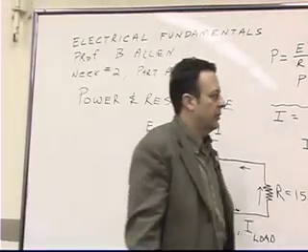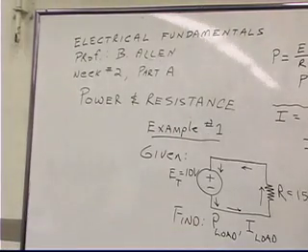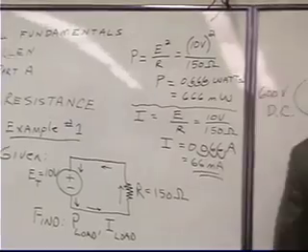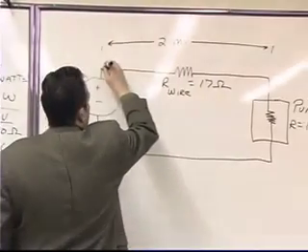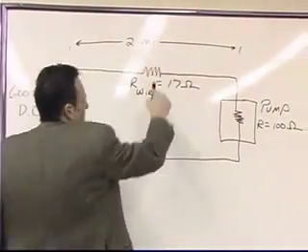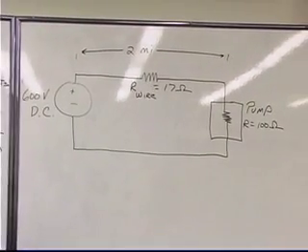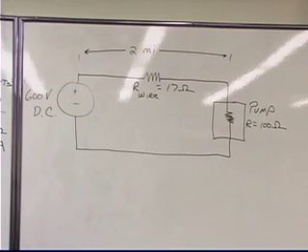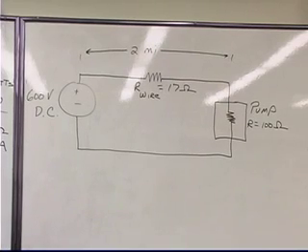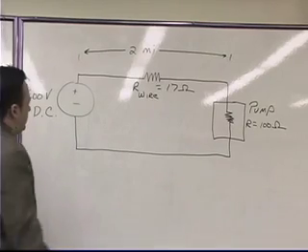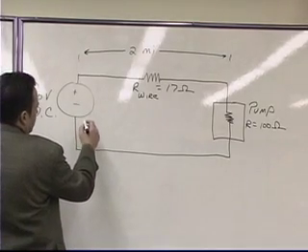If you were to put an ohm meter here and an ohm meter here, and you had a guy standing in the middle, that's what he'd measure, 17 ohms. But we're just lumping it into one space for ease of analysis.